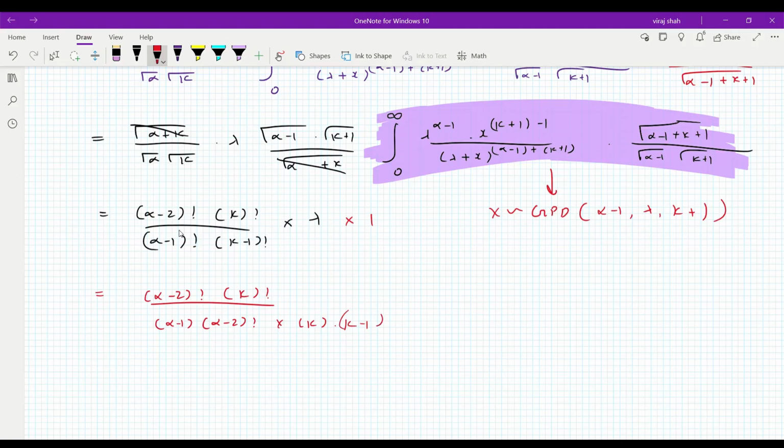So I have to simplify here, sorry. K factorial over k minus 1 factorial means that I will simplify it here. So this and this get cancelled, multiplied by lambda as it is, I'm left with k lambda upon alpha minus 1. With this, I'm done with the generalized Pareto distribution.